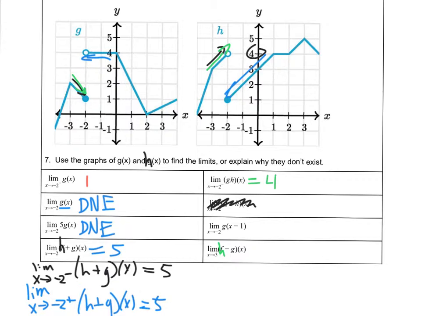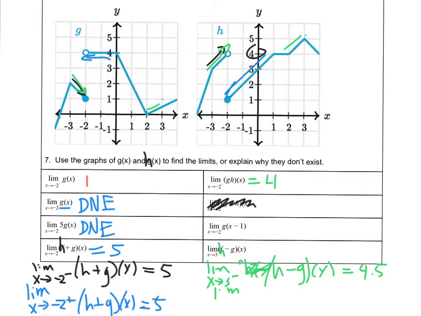So the limit as x approaches 3 from the left of h, sorry, my handwriting is terrible today, h minus g of x. So we're approaching 3. It's going to have a height of 5 and a height of a half. 5 minus a half would be 4 and a half. And then we're going to do the same thing from the right side.